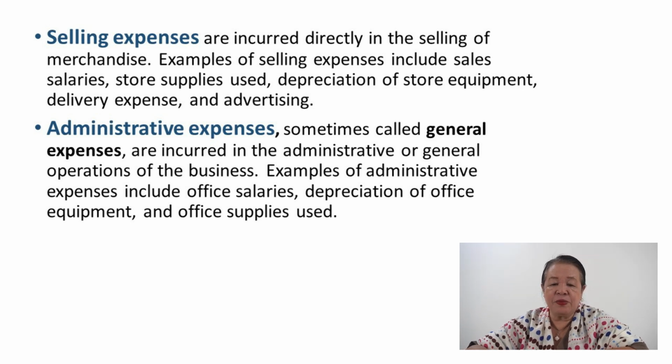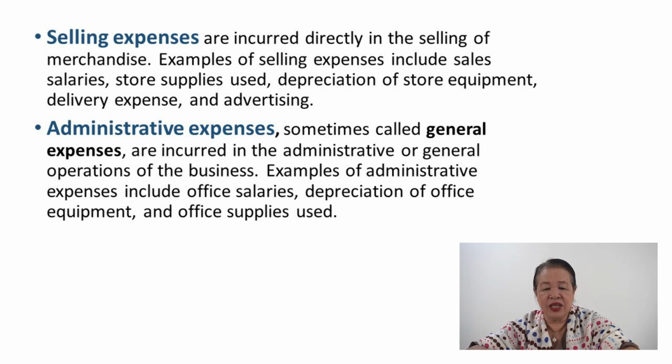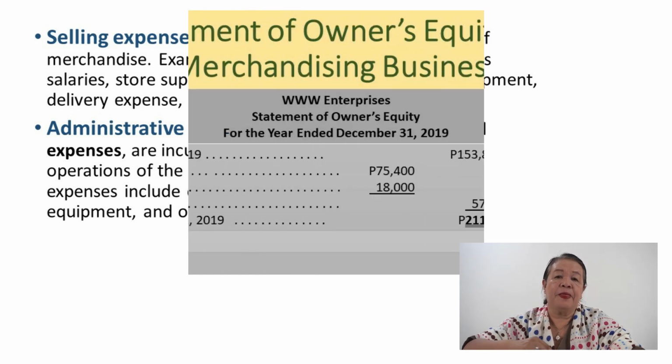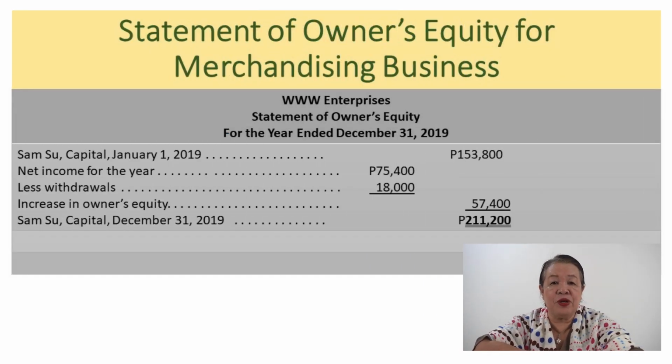For administrative expenses naman, ito yung tinatawag natin na general expenses incurred in the administration of business. No? Example, administrative expenses, salaries, depreciation of office equipment, and office supplies, no, used. Okay. So, I give you the example of the income statement.